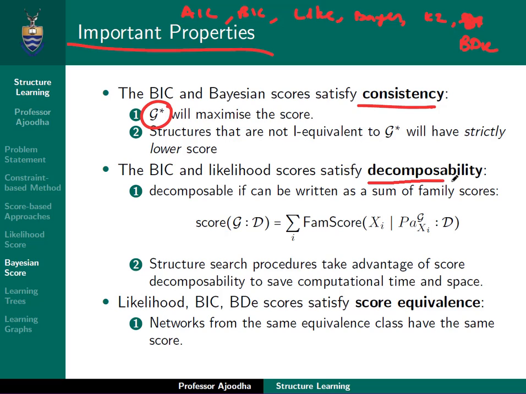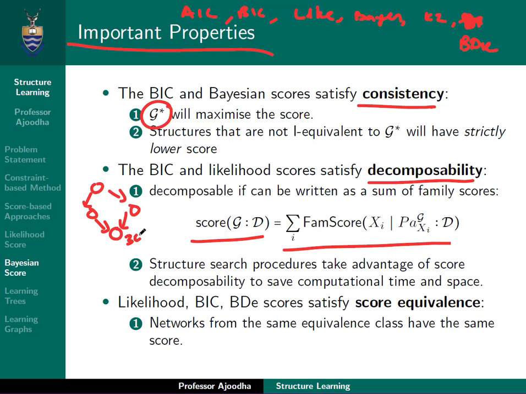The second property here is decomposability. Decomposability is a very nice property, especially in the context of computational savings. Here we're saying that the score can be broken up as a sum of family scores, which means that if I have a network like this, I can score it in segments.